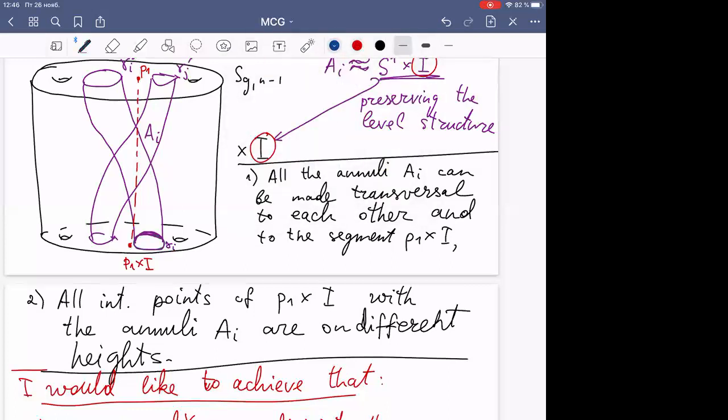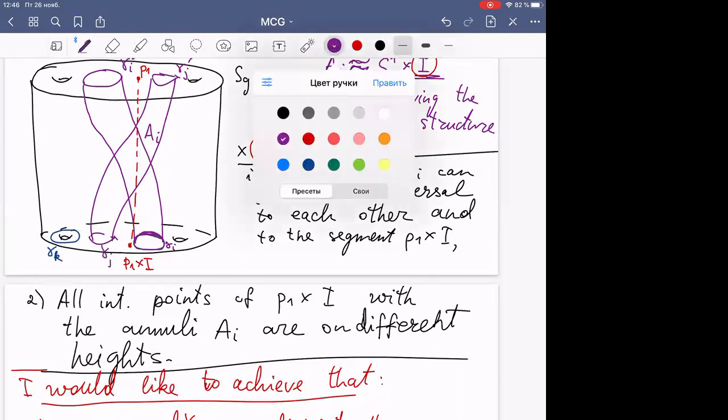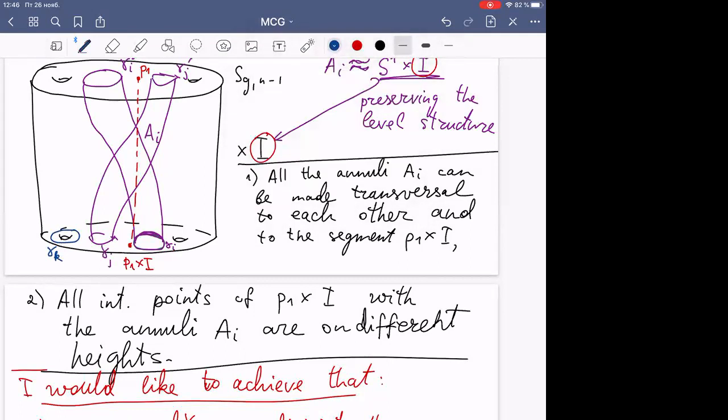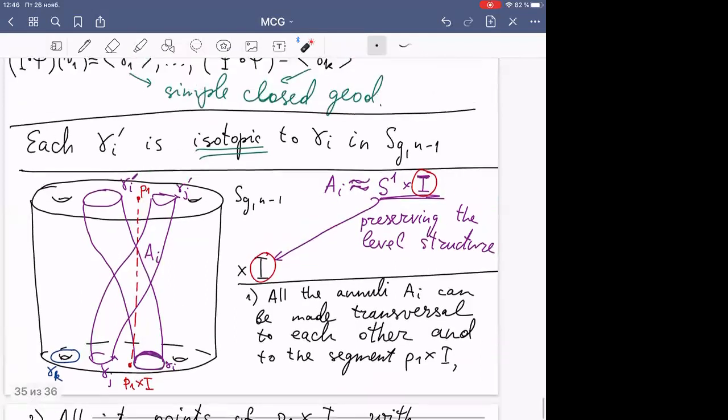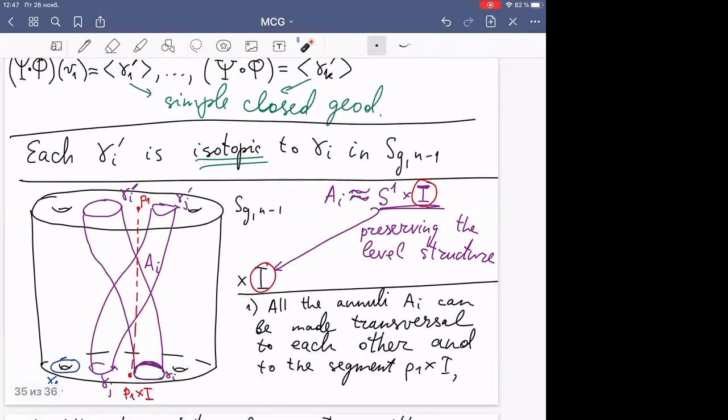It is possible that two curves, say gamma_i here and gamma_k, this one was gamma_j, but for instance gamma_i and gamma_k, become isotopic in S_{g,n-1}. Sometimes they are disjoint in S_{g,n} and they become isotopic in S_{g,n-1}.